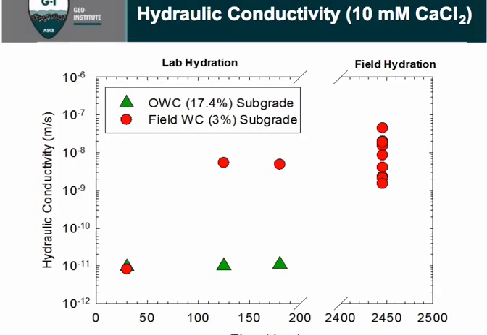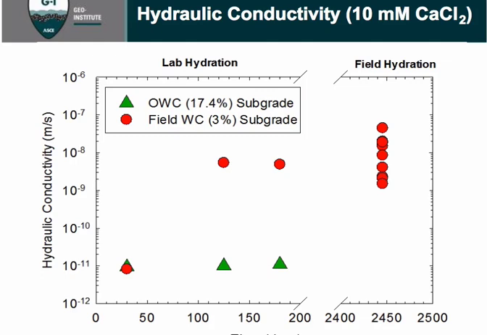We then looked at the hydraulic conductivity, and as we had seen before, our optimum water content, green triangles here, maintained a low hydraulic conductivity. In contrast, rapidly, our dry subgrade hydration achieved a high hydraulic conductivity, not what we want from a barrier layer. And this range of hydraulic conductivity mirrored what we observed in the field.